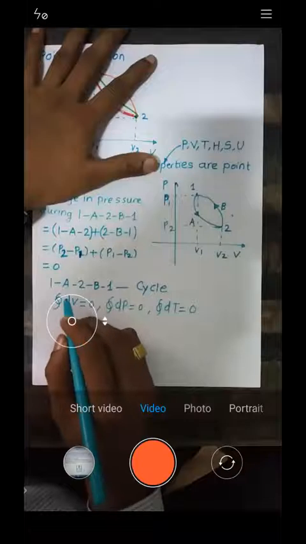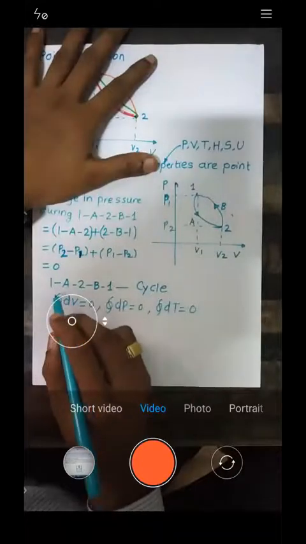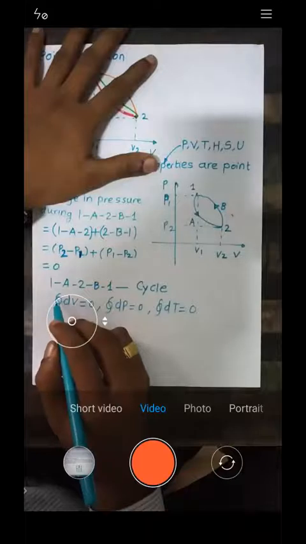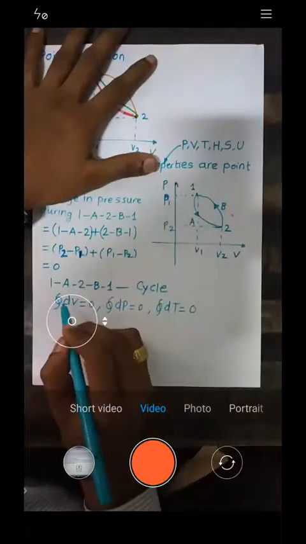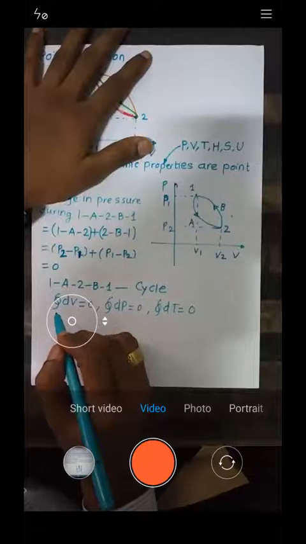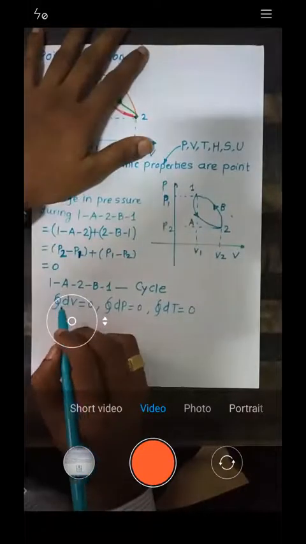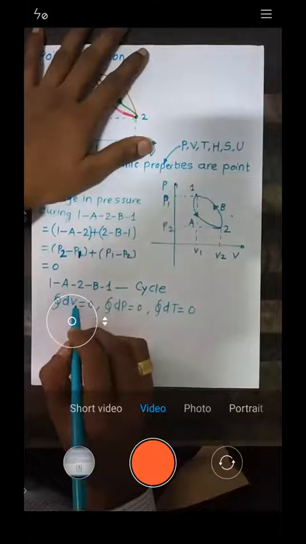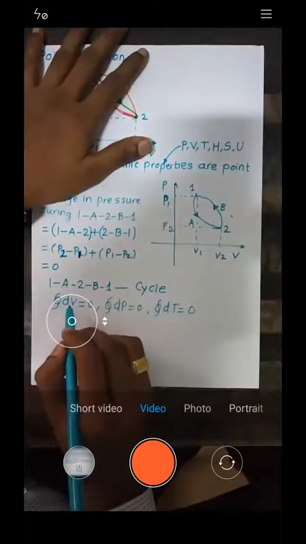Change in volume. What do you mean by this integration and cycle? Try to understand. This circle stands for cycle, and integration stands for what? For that particular cycle, we need to add the processes. So dV is the change in volume that we need to calculate for every process of the cycle.